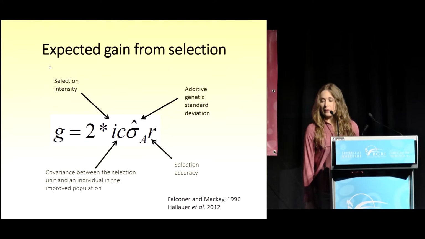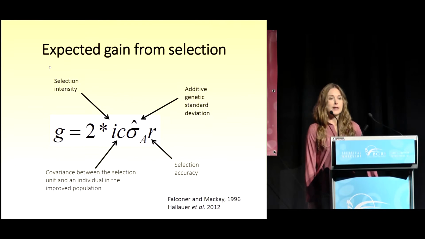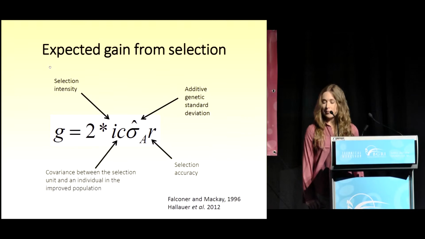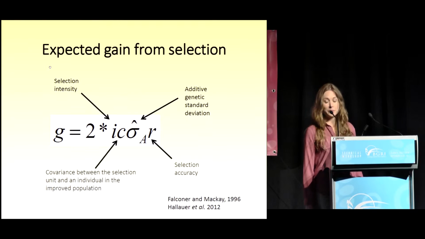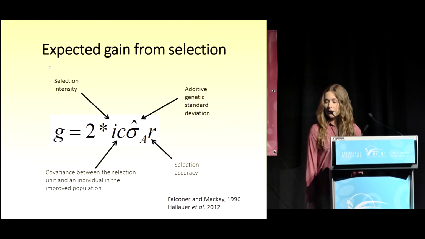Now, we calculated the expected genetic gain in a retrospective way. We used the populations themselves to estimate the parameters. So we couldn't actually predict genetic gain in advance, but we could estimate theoretically what we should be expecting. We used the theoretical gain from selection formula, which includes the selection intensity.